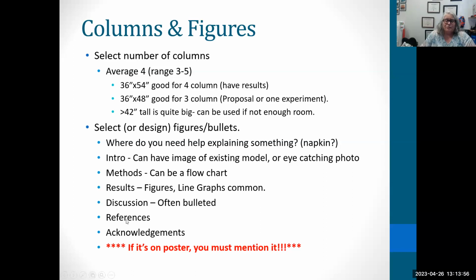And then you have your references. Almost all fields recommend, or it's a common practice to have citations in the actual poster. So you need to have references that align with those citations. And it's just polite. Your abstract usually doesn't have it, but everything else, your intro, you're going to have citations, methods, discussion, because you're going to compare it to what other people found in the past.